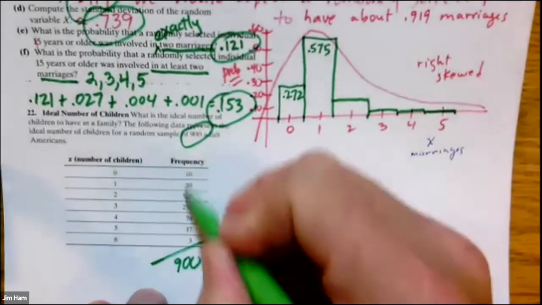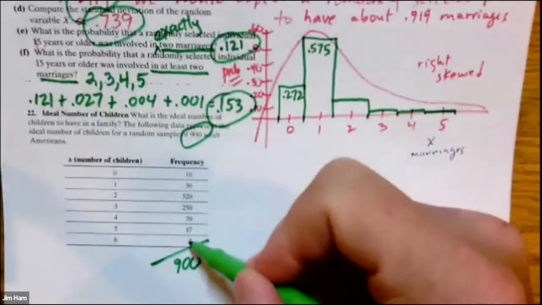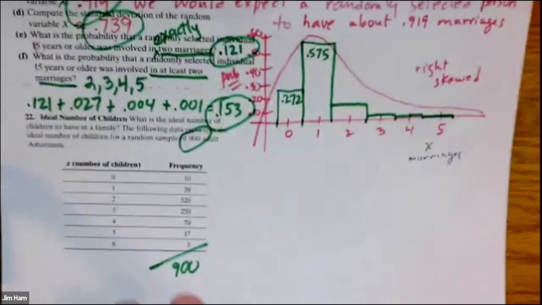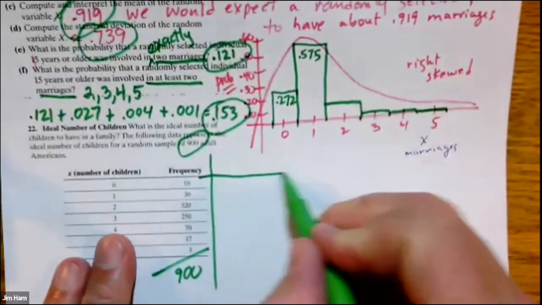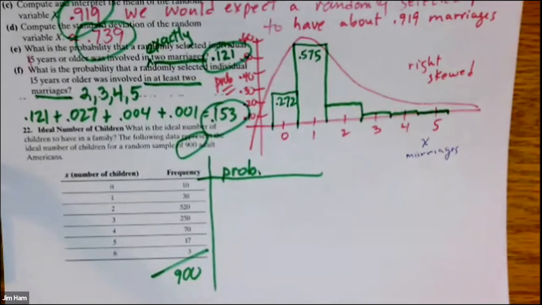So if you added up all those numbers, you get 900. But these numbers are not probabilities, and so therefore we do not have a probability distribution. What you'd really have to do here is to add another column that gives you the probability.